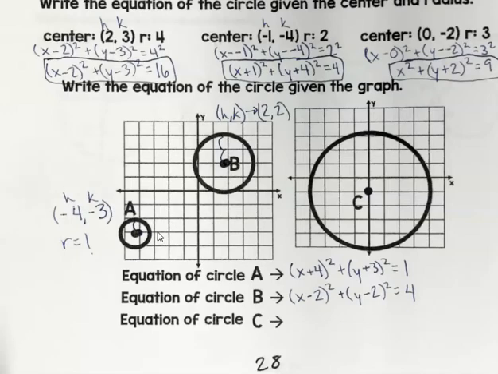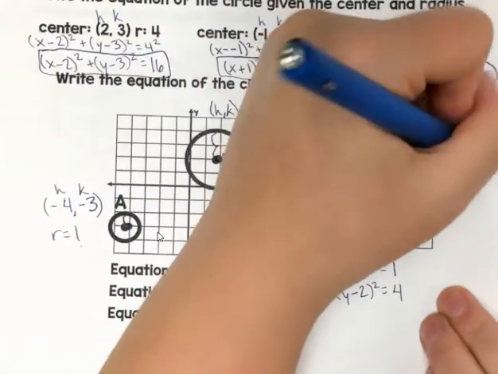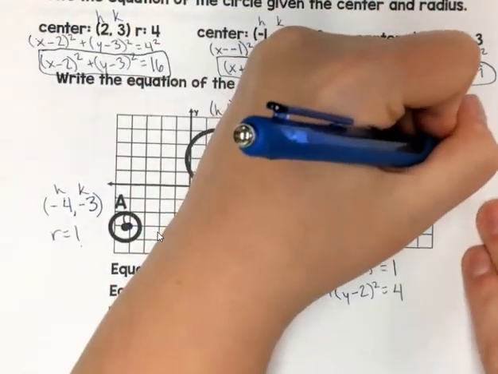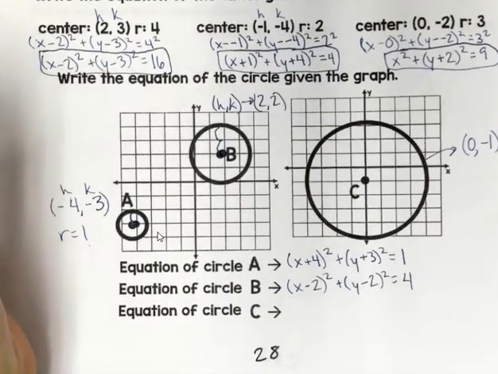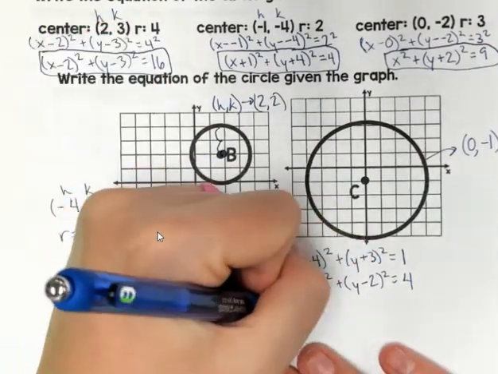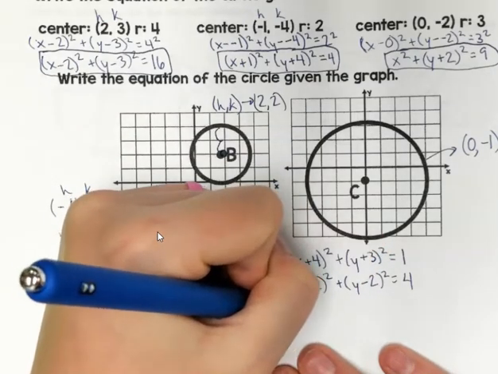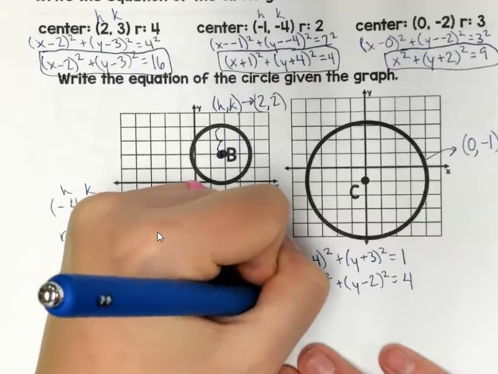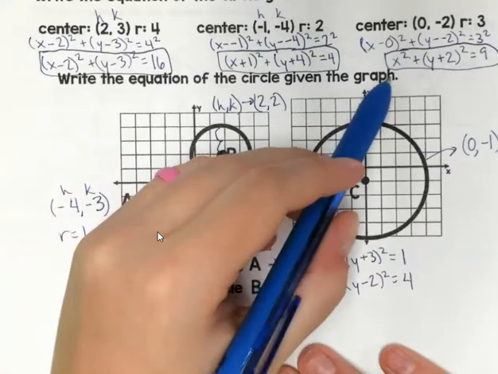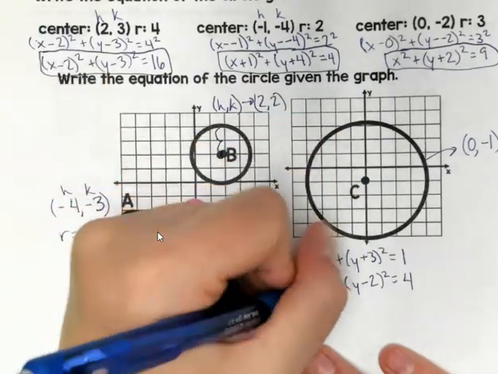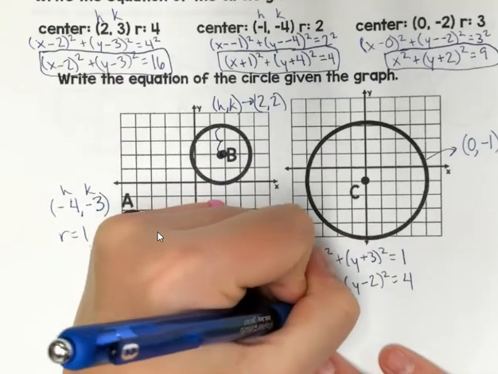Alright, last one. Circle C. My H, K is at 0, -1. So since it's at 0, -1, this is actually just going to be x squared because it's x minus 0, but as you can see what we did up here, it turns into x squared plus y plus 1.